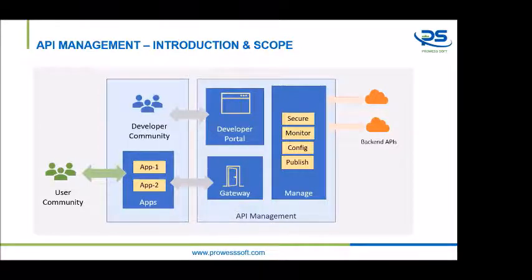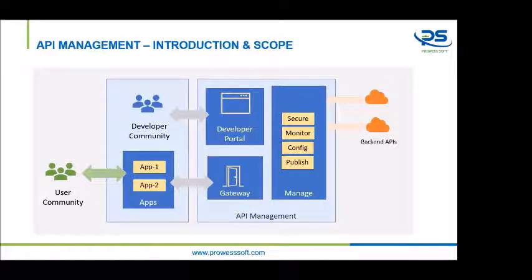Now, because everything has gone mobile, everything has gone on the internet, and if you want people to really use your services, you better have an API exposed for consuming your services. That's what you would see.